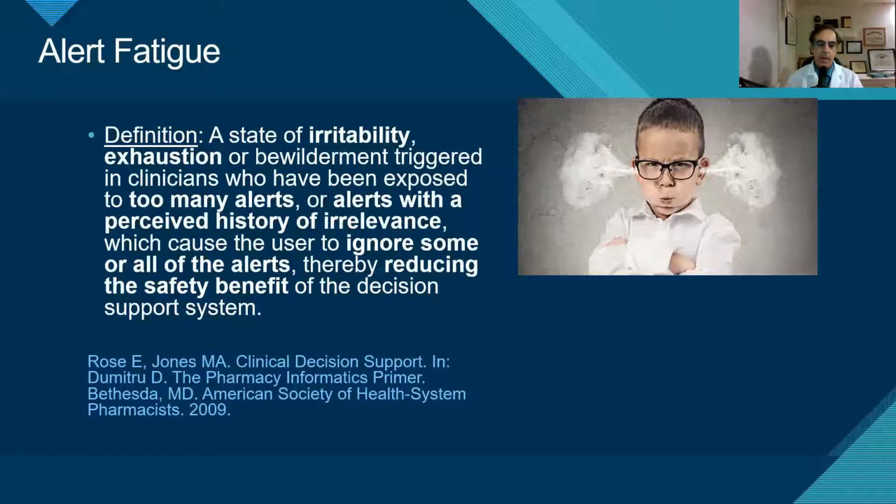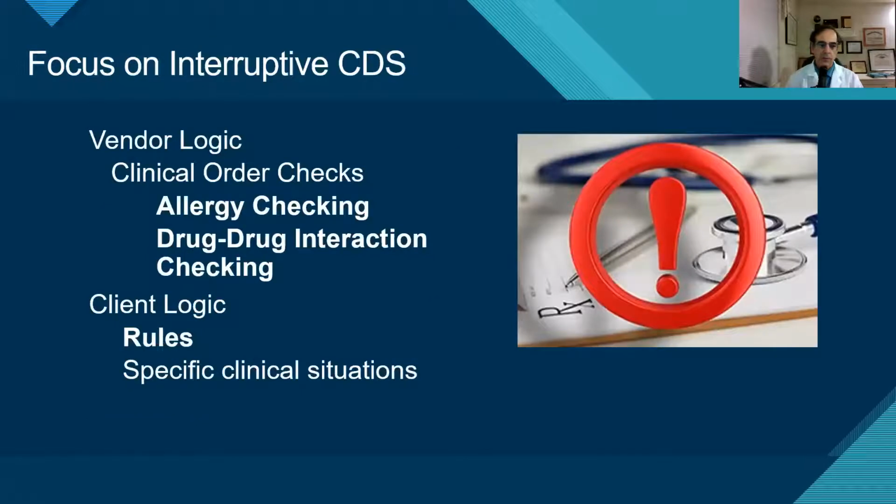So alert fatigue can negate all of the positive aspects of clinical decision support. So we do want safer and more effective prescribing. And so to do that, we want to minimize alert fatigue when we're using CDS tools.